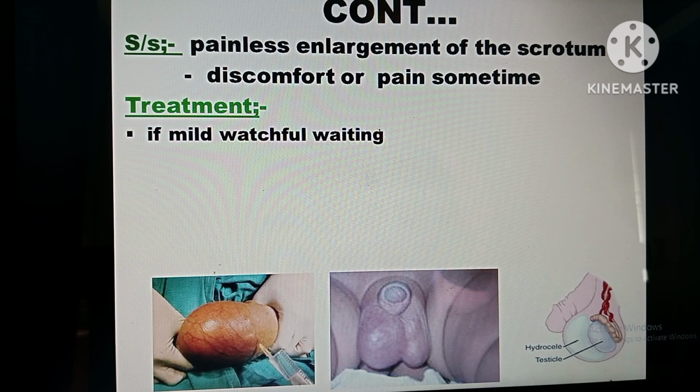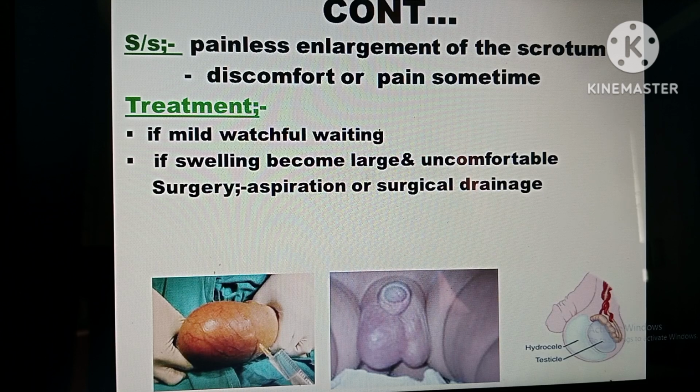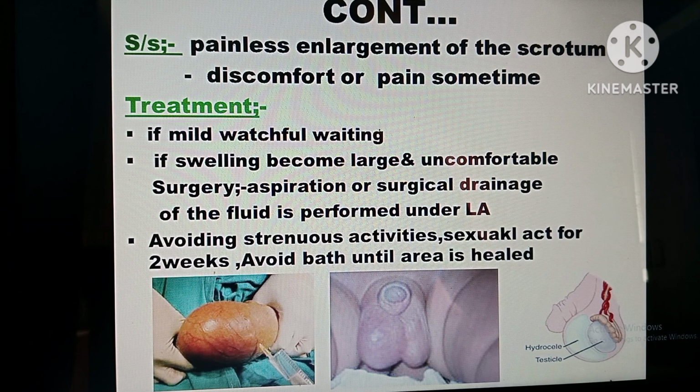But if the swelling is increasing day by day and the fluid collection is more, it requires surgical drainage under local anesthesia. After this procedure the client may be discharged; only 1 day of admission is required. The client is instructed to avoid strenuous activities as well as sexual acts for 2 weeks, and to avoid bathing until the area is healed.